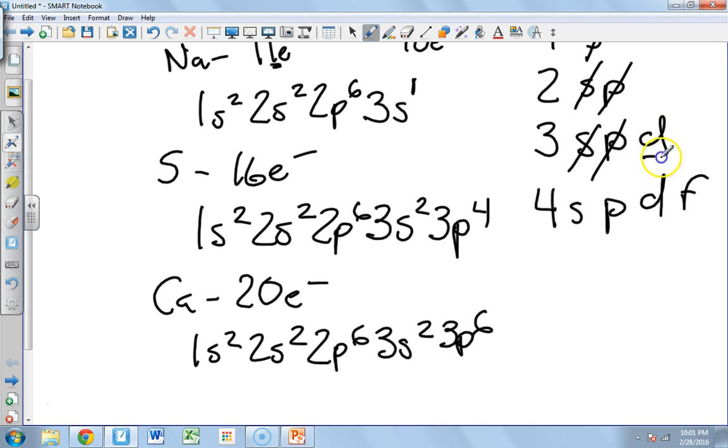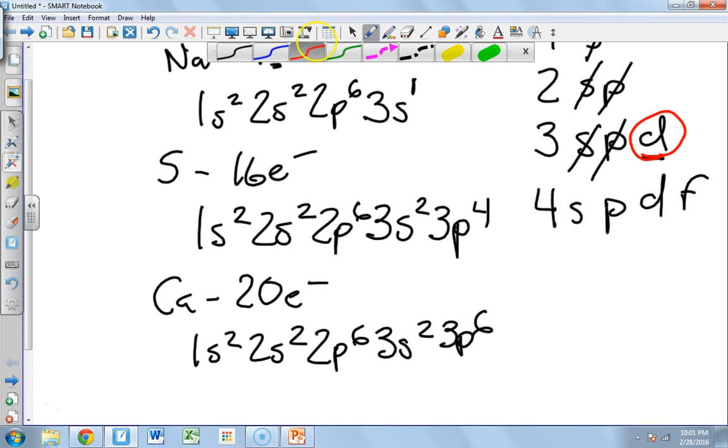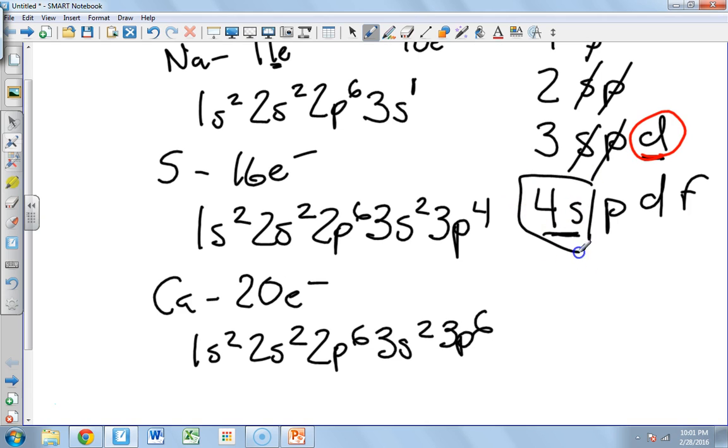It turns out that the 3Ds have slightly more energy than the 4S's. So regardless of what you call them, 3D or 4S, you're going to fill the lower energy levels first. And so by filling the lower energy levels first, you fill the 4S's. And so you fill 4S before you fill the 3Ds. Okay? And that is the thing.